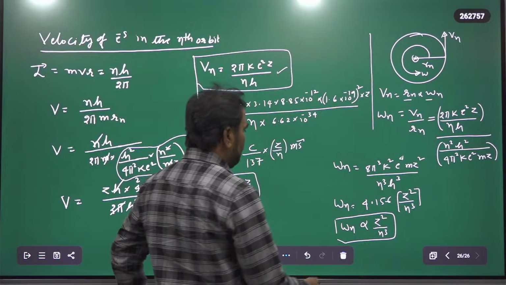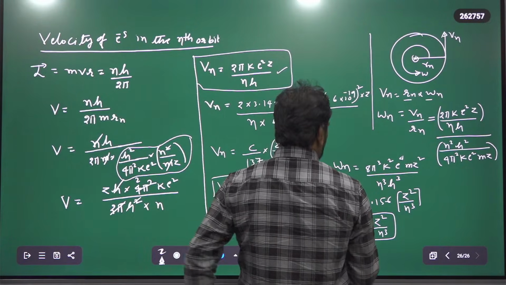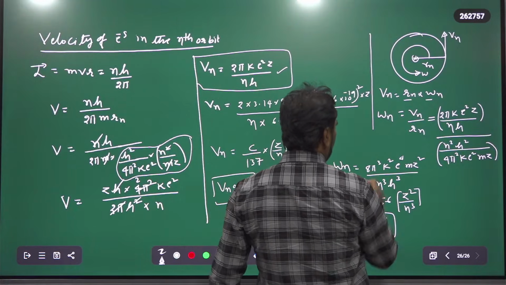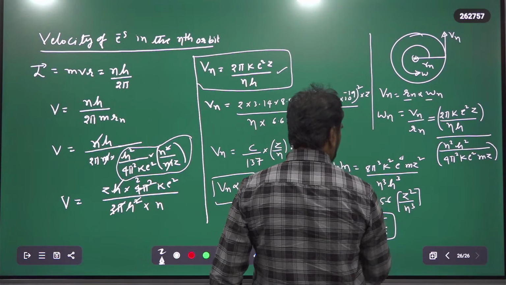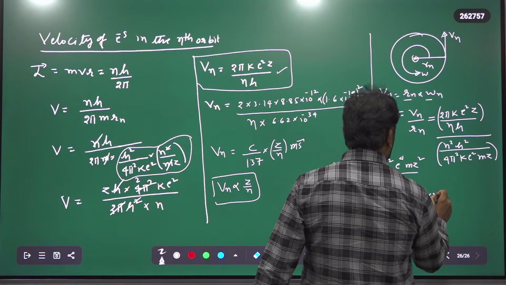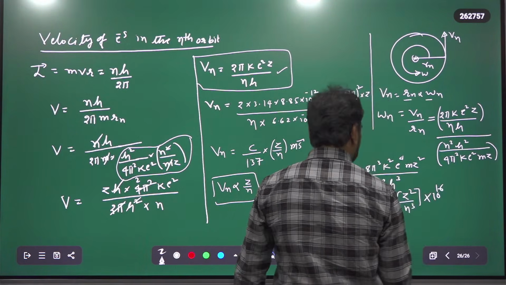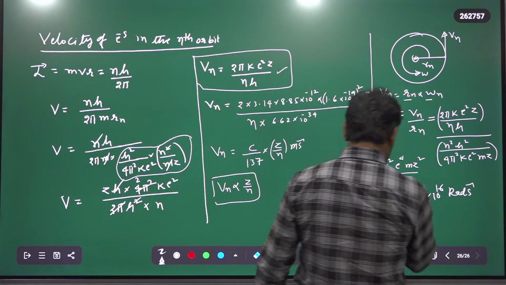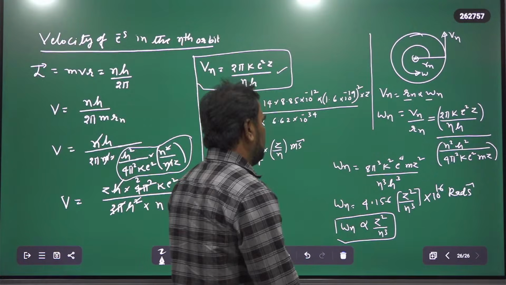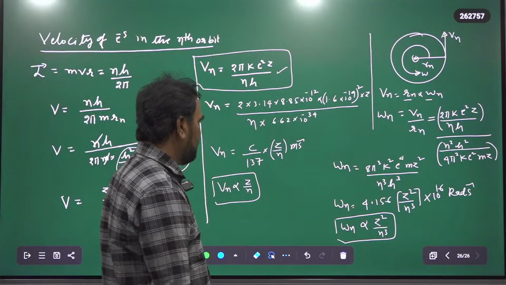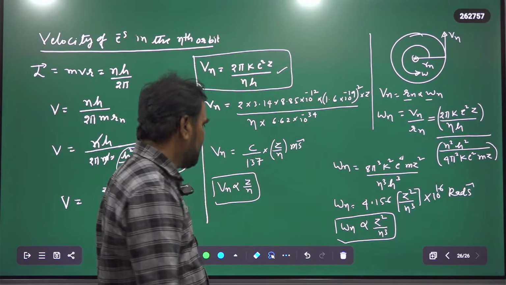So omega n is equal to 8 pi cube k square e power 4 z square upon n cube h cube, which is 4.156 into 10 to the power of 16 radian per second. So omega n is directly proportional to z square upon n cube. Okay, is it clear?